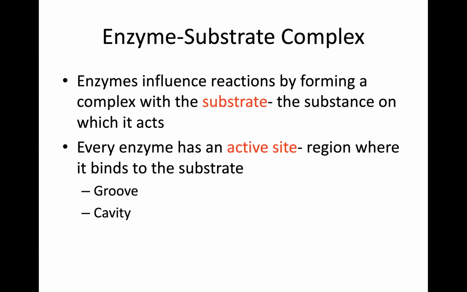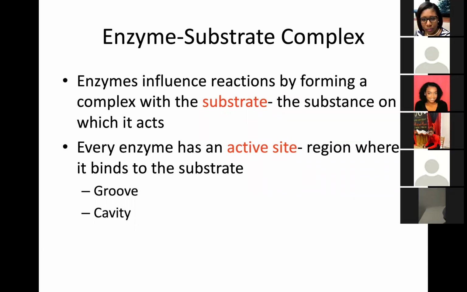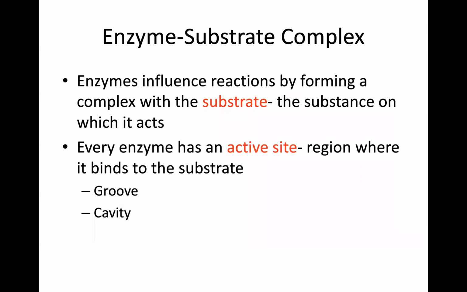So in order for this enzyme to have an effect in this chemical reaction, it's got to bind to something, and it's binding to the substrate. Write that down. Enzymes bind to a substrate, and this is the substance upon which it is going to act.